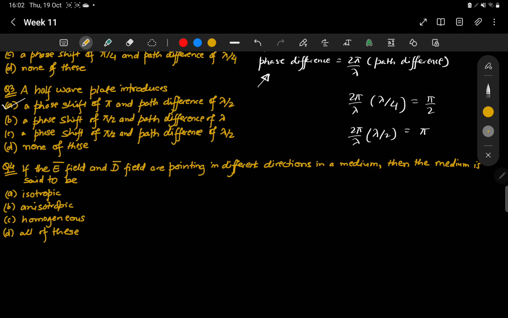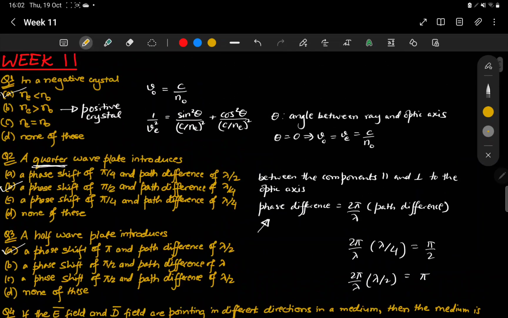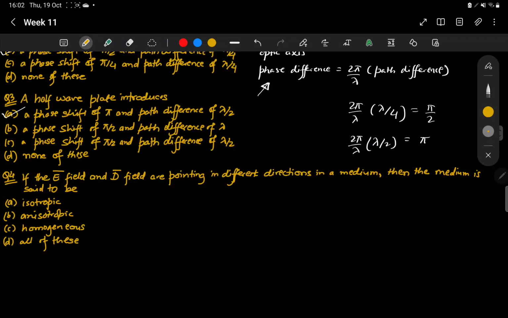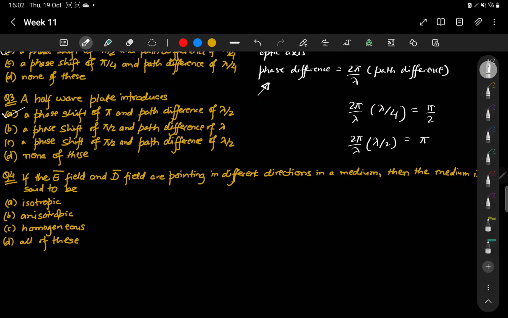Okay, so let me discuss the answer. The correct option is option B, anisotropic.